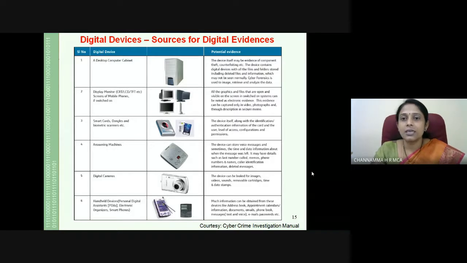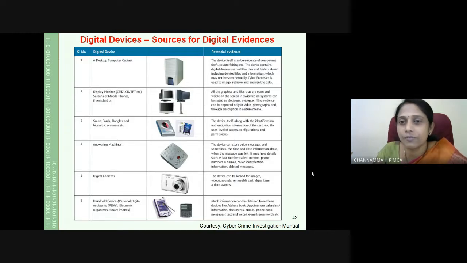I have listed here the digital devices which are the sources of digital evidence, like the computer CPU. That is a major device or part from which the cyber investigator will get more evidence.